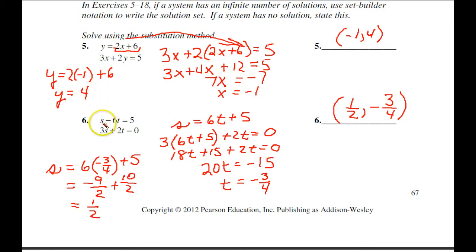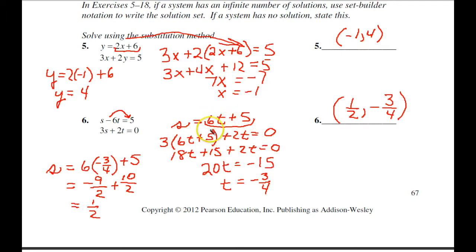Now here we didn't have s by itself, so I transposed the negative 6t and got a positive 6t plus 5. Now I'm going to use this in my other equation for the s. So this was 3s, but now I'm using this value for the s.